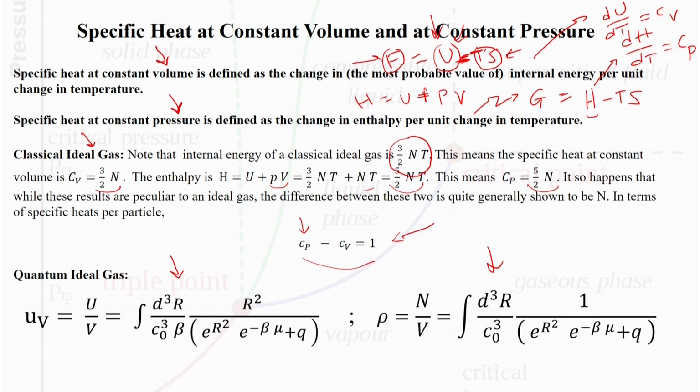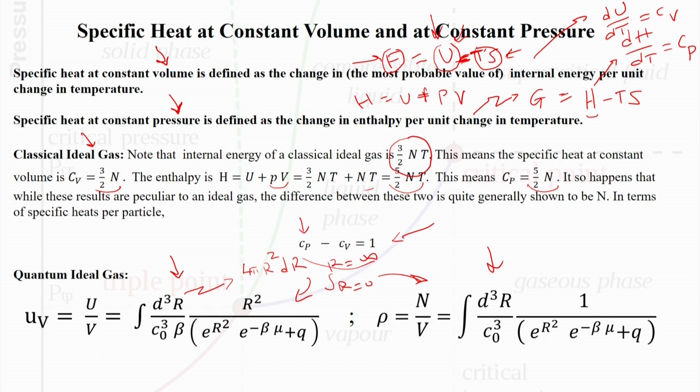You do not have to scratch your head about how to do this, because after all this is a very simple integral. This r is just a scalar quantity, and this implies a spherically symmetric integrand. So, I can always write the volume element as 4 pi r squared dr, and I integrate from r equal to 0 to r equal to infinity. That is what I would be doing here and there.